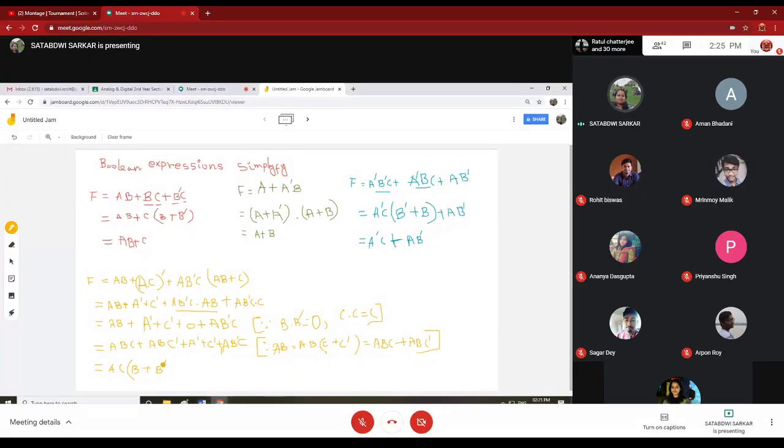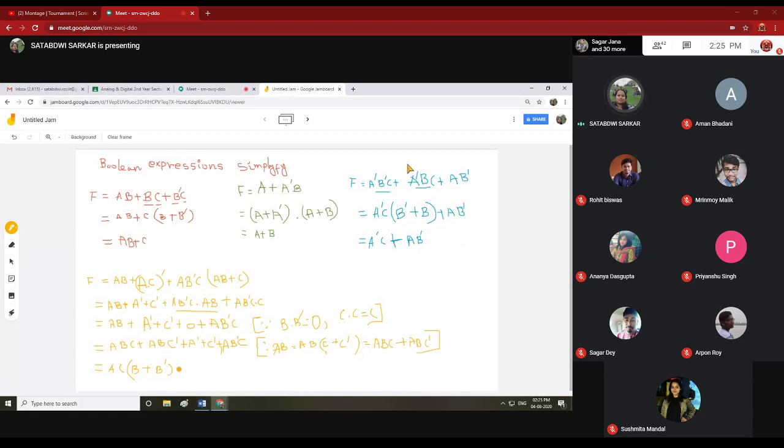The next step, if we take common from this, so AC, so it would be B plus B bar, and plus, if we take common C bar, so it would be AB plus 1 plus A bar.